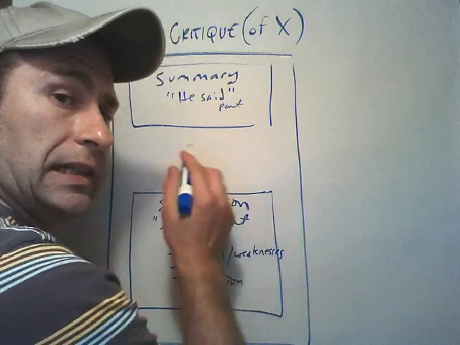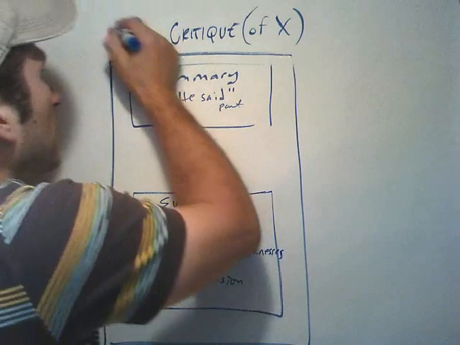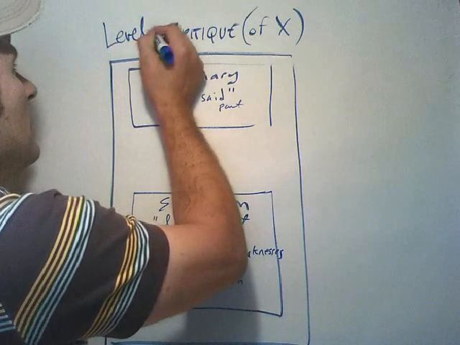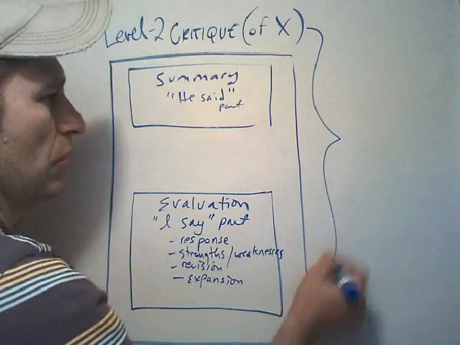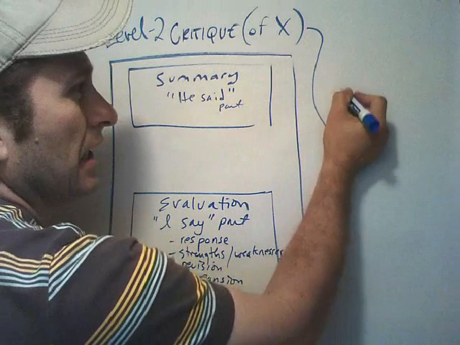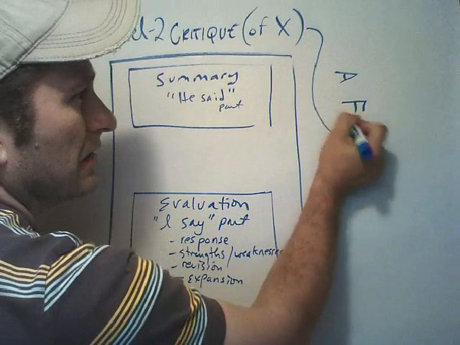A level 2 critique has another element right in here. So I'm going to put this up here. Level 2 critique. This critique is one of primarily a figurative text.